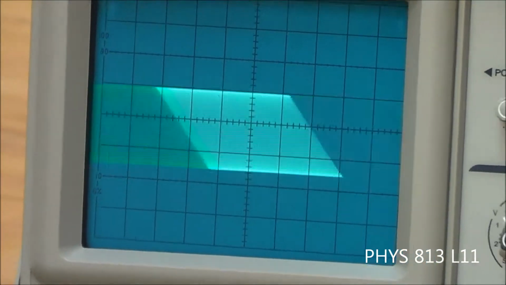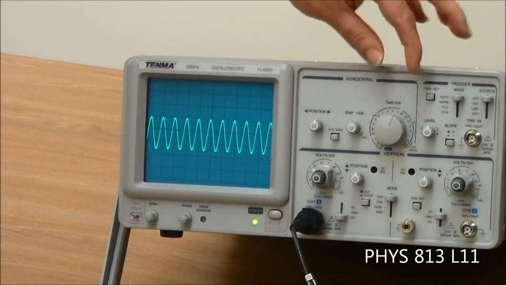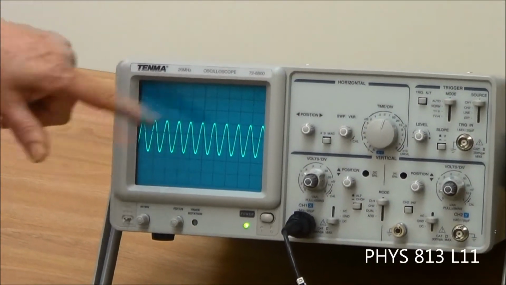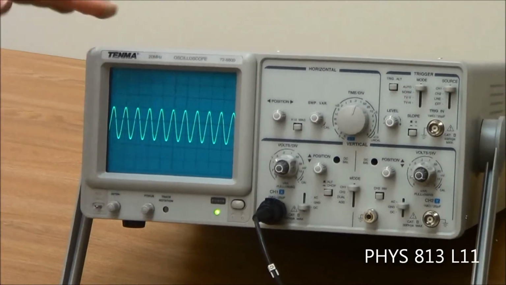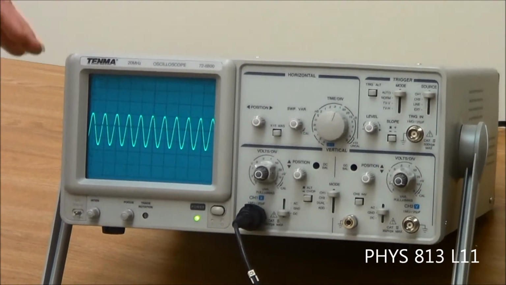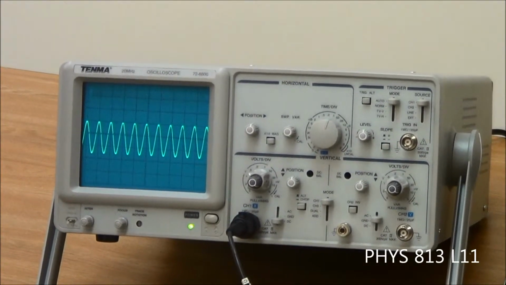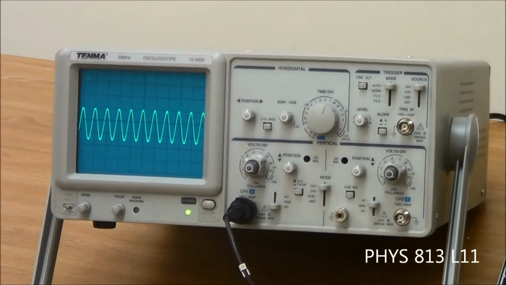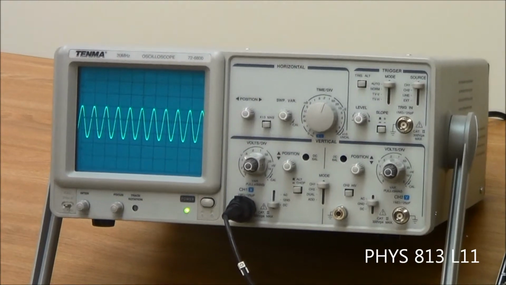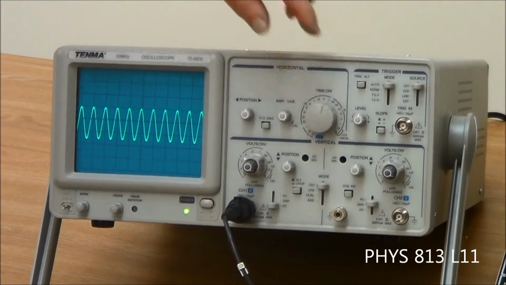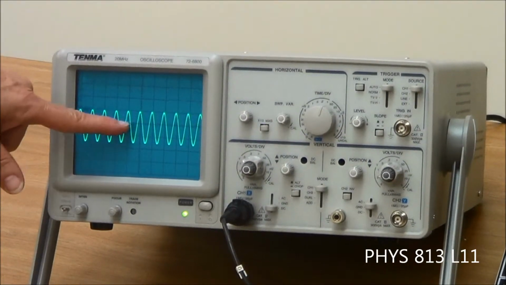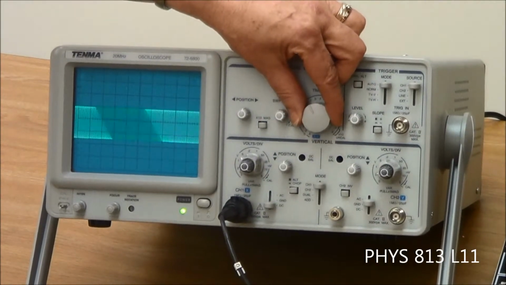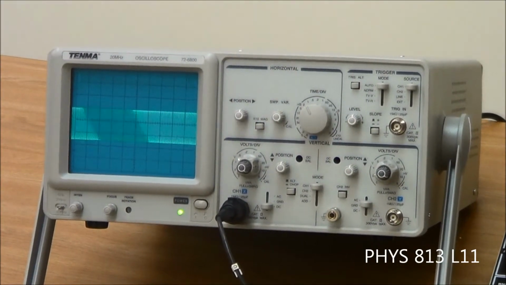And let me show you a couple of things. If I make it a smaller time, then you can actually see the waves. But the point of what we're doing here is we want to observe the amplitude of the wave. And it's much easier if we have this where we can't really see all of these waves, where it looks just like a green band.